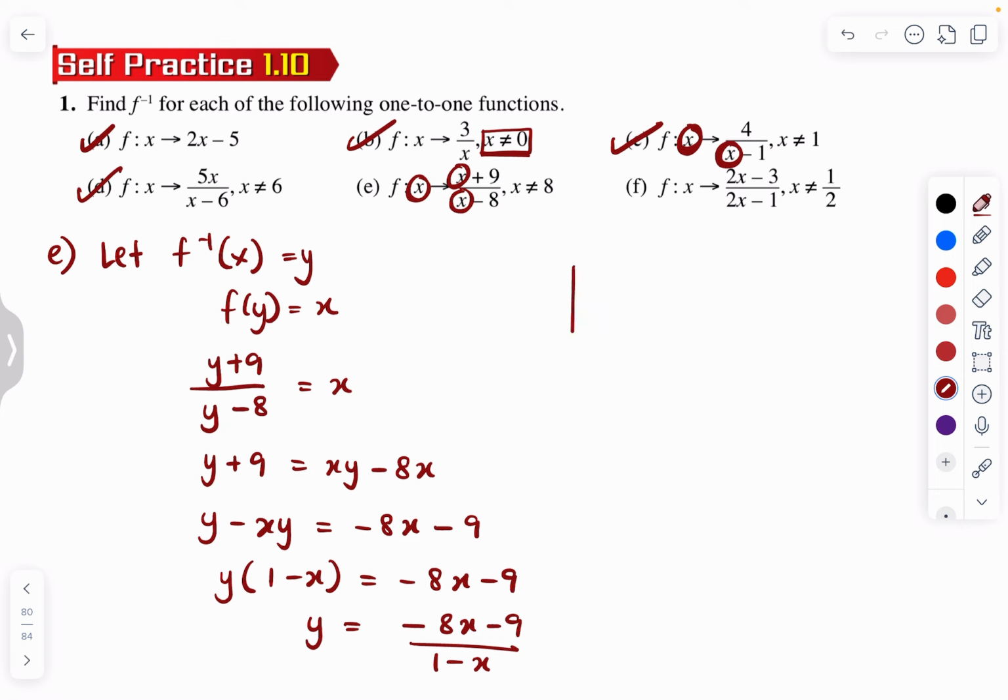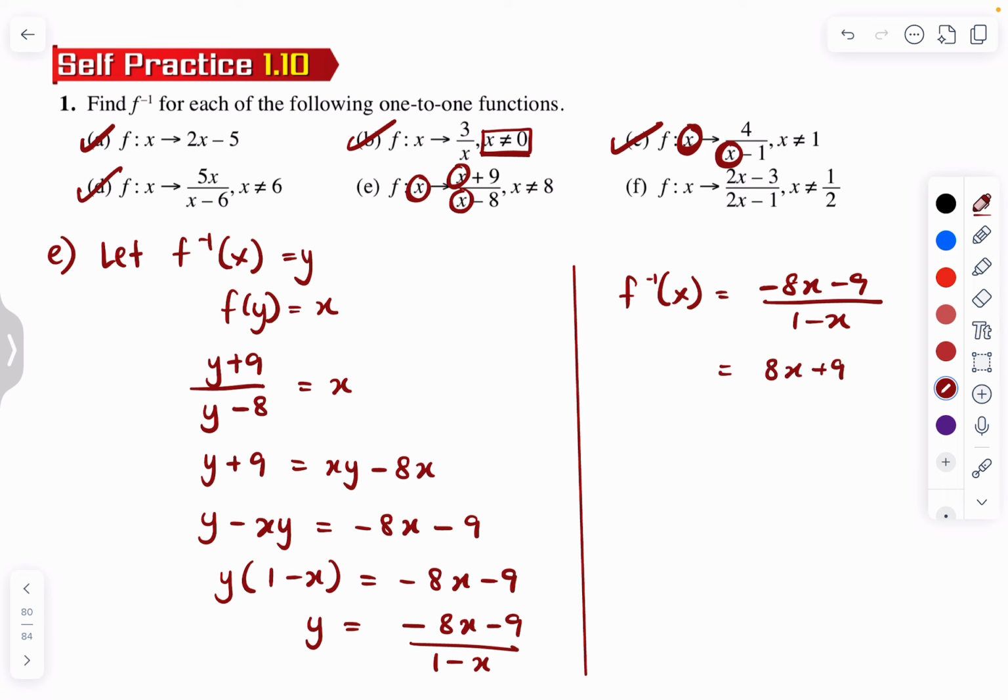Okay, so same thing here. Let's change the subject first. It's (negative 8x minus 9) over (1 minus x). So here if you want, you can do the same thing: multiply top and bottom by negative. So (8x plus 9) over (x minus 1).